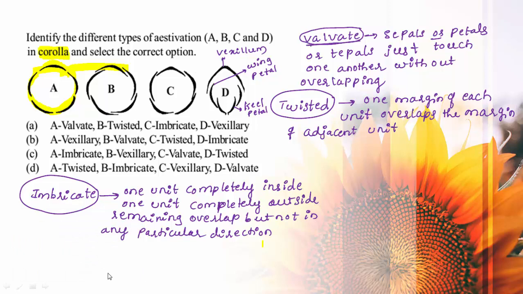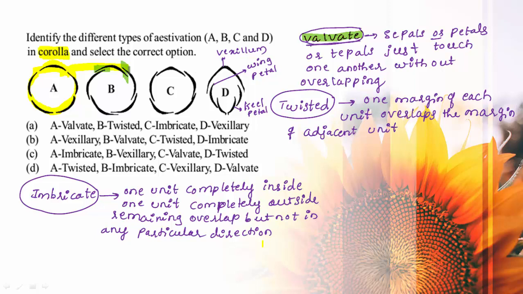In valvate estivation, it may be sepals of the calyx, petals of the corolla or tepals of the perianth. They just touch end to end without overlapping. The overlapping is completely absent, and such a type of estivation is called valvate estivation. Then the second one, twisted estivation. This is where half the edge of this one is outside and half the edge is inside.